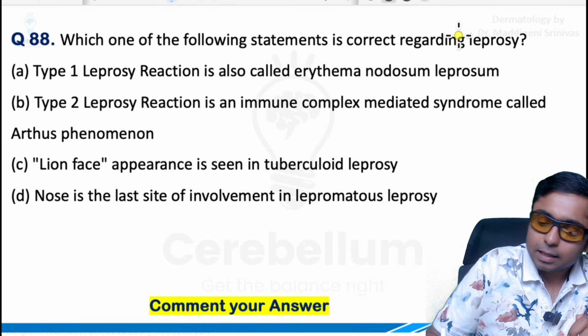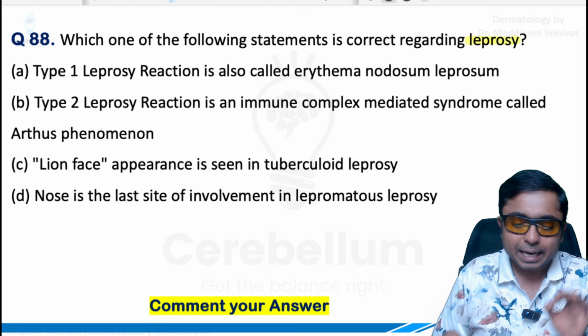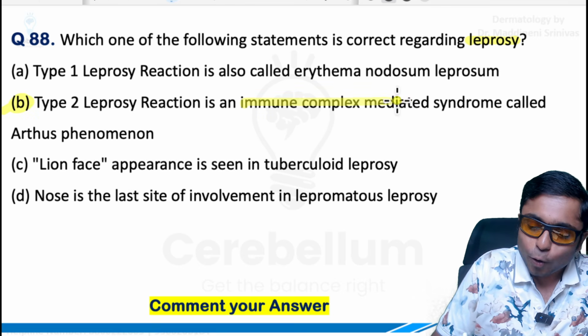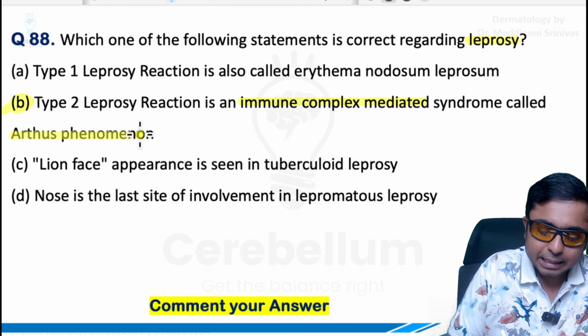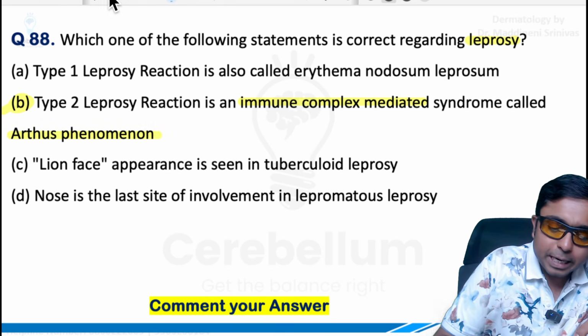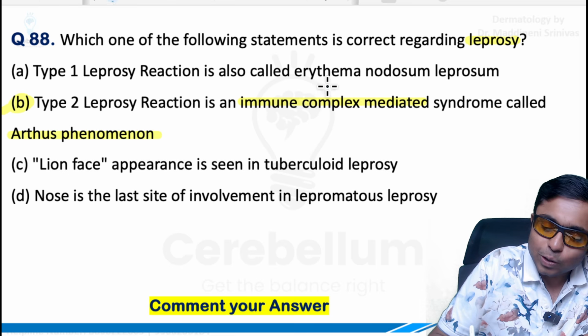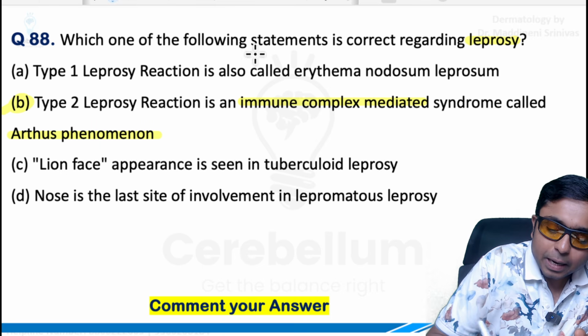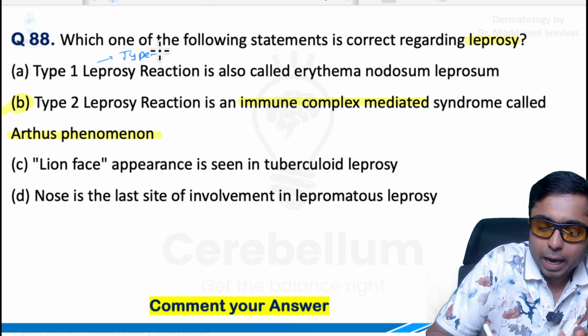Next, this is another question related to leprosy. Type 2 lepra reaction is an immune complex mediated syndrome, and it is an Arthus phenomenon. This is an absolutely correct statement. Statement 1 says type 1 lepra reaction is also called erythema nodosum leprosum. This is a wrong statement. Type 1 lepra reaction is an example of type 4 hypersensitivity reaction.